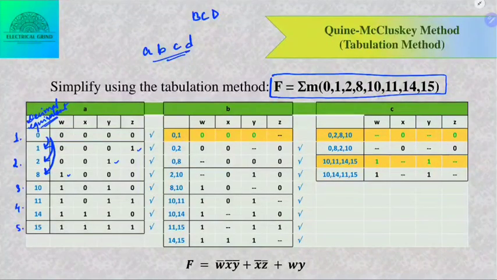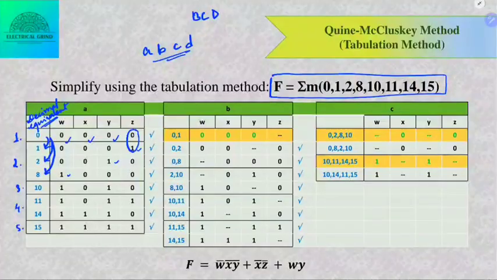The pairing of 0, 1 will give us this result. As we can see, the three variables w, x, y are the same for both 0 and 1.